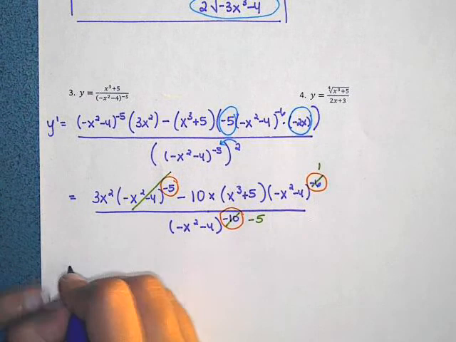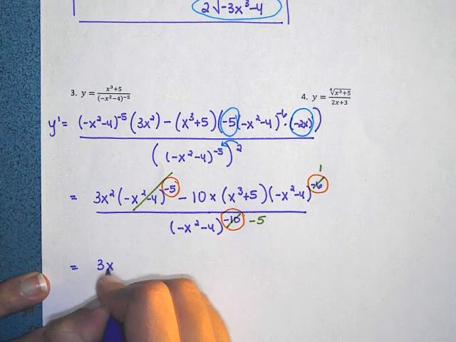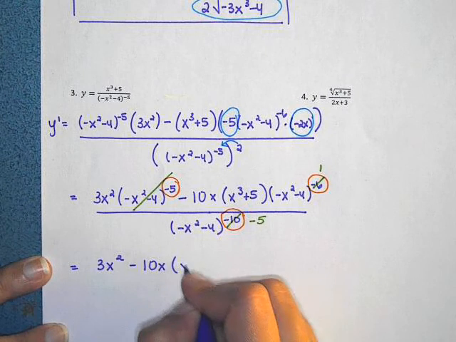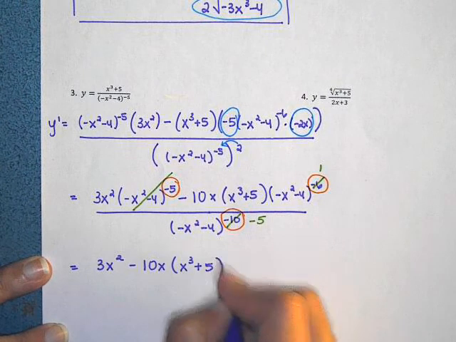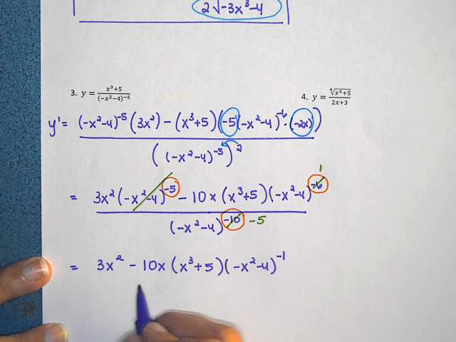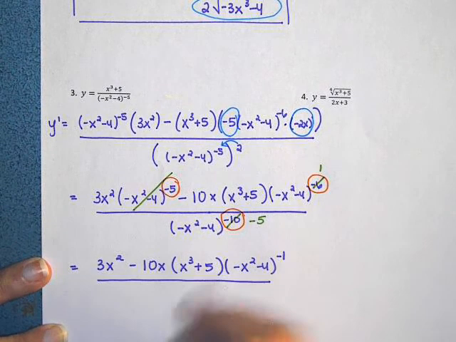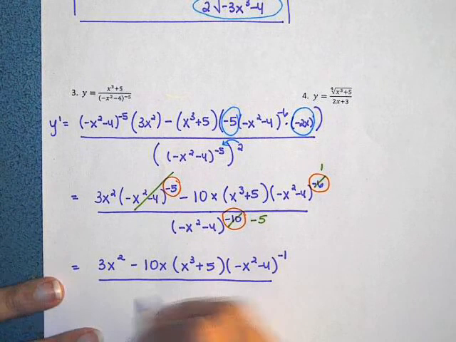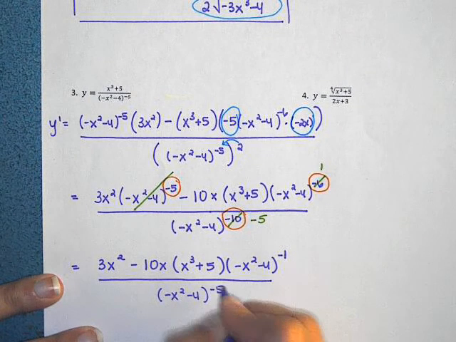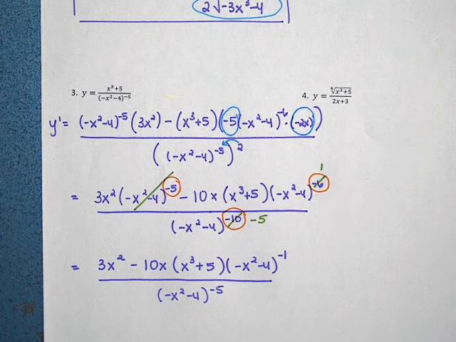Which means my answer is going to be negative 3x squared minus 10x times x to the third plus 5 times negative x squared minus 4 to the negative 1 all over negative x squared minus 4 to the negative 5. And we're going to leave it just like that.